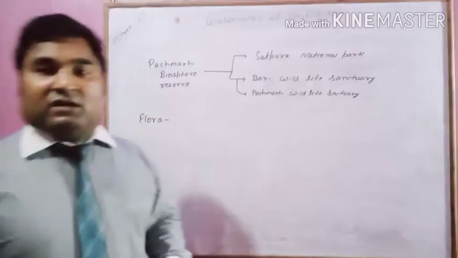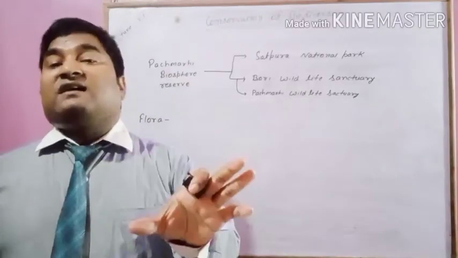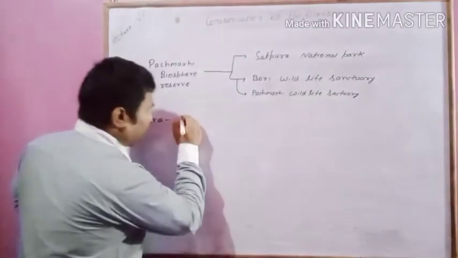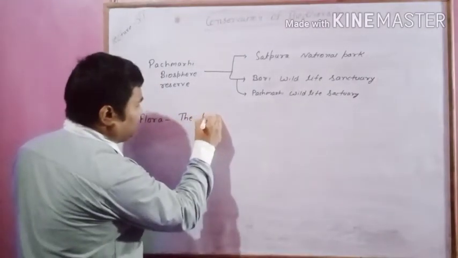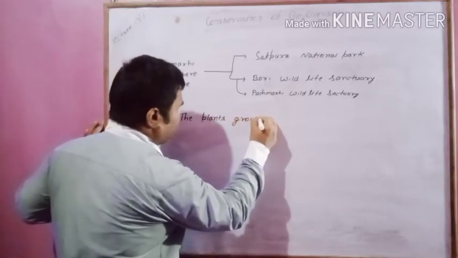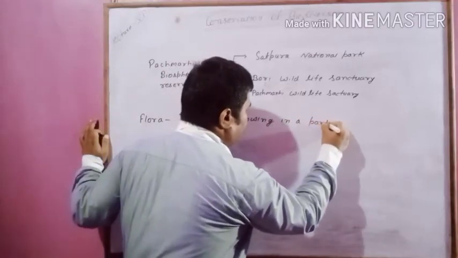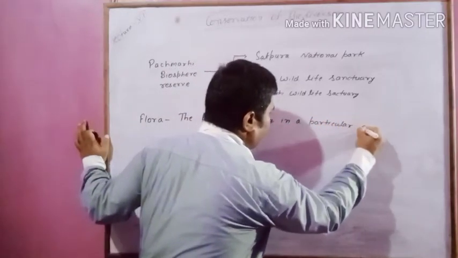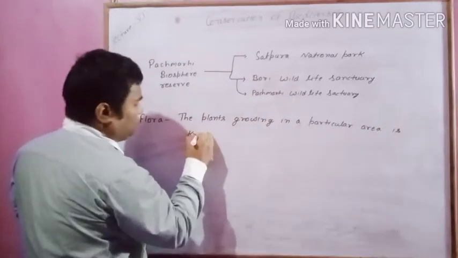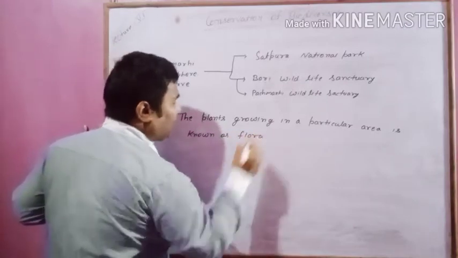Flora: the type of plants found in an area is called the flora of that area. What is flora? The plants growing in a particular area are known as flora.